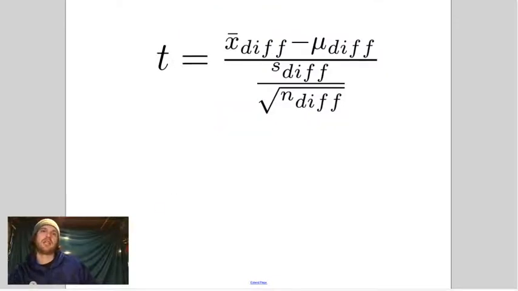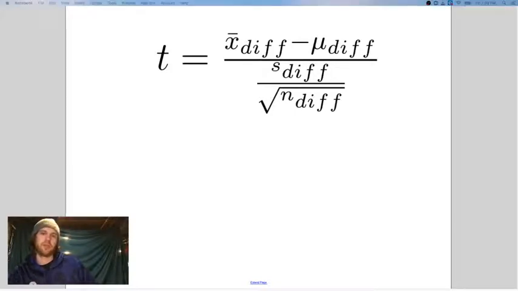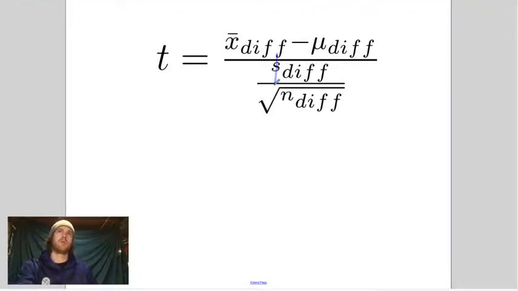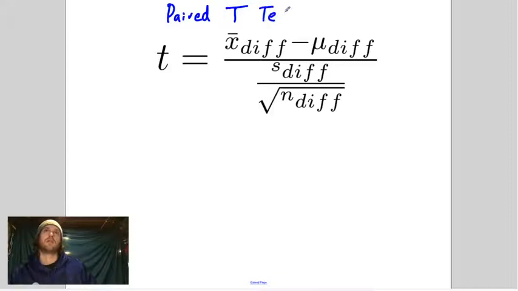There is our t test statistic. So this is a paired t-test. This is our paired t-test. Okay, and that's pretty straightforward. Everything is going to proceed as you might think.